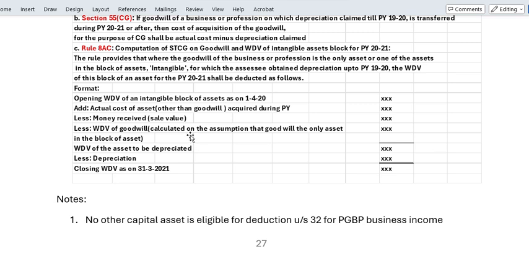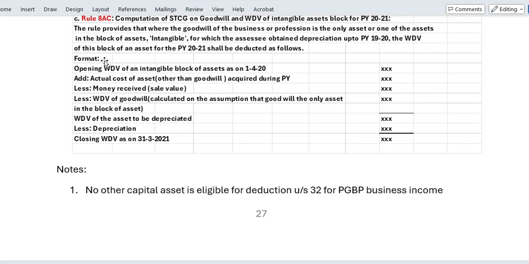Now, if you have a double DV, the format for calculating double DV is that the opening double DV is there. Then you have to add the cost of the asset that you have acquired during the PY. If you bought a new asset, you can add it to that. Then if some of the assets are sold, you have to deduct them from that.